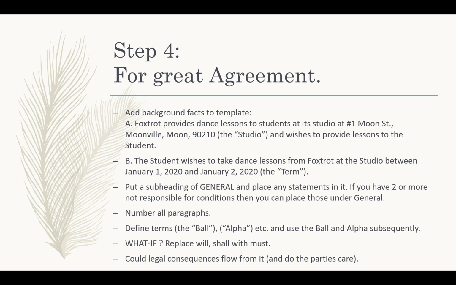So if you want to have something which occurs on a date, you'd say the buyer will pay the seller on January 1st, 1970. Or if you want to have it before that, you'd say the buyer will pay the seller by January 1st, 1970.